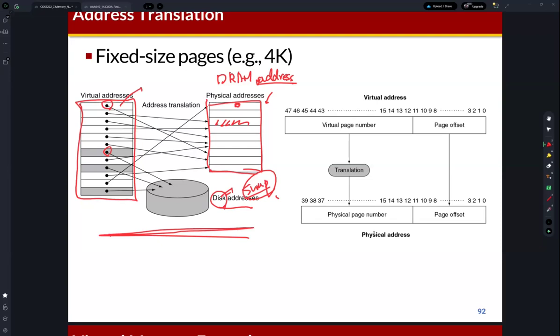So in order to support the virtual memory concept, the virtual address needs to be translated into the physical address. And this is the translation concept of the virtual address to physical address.